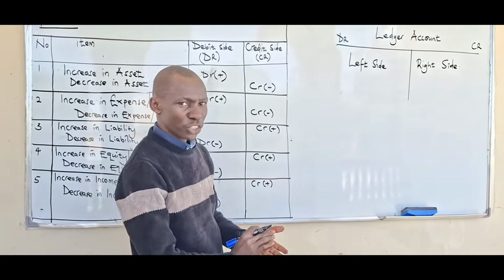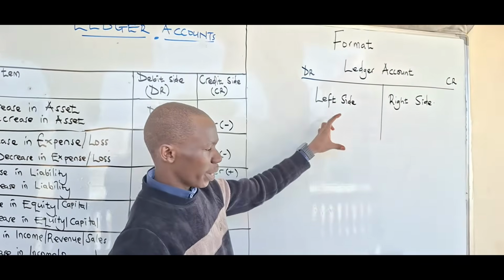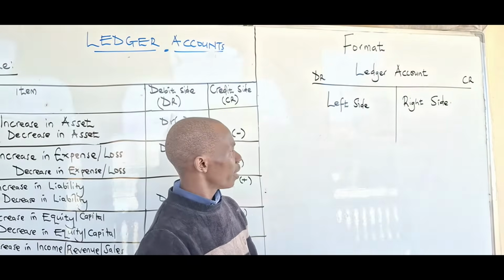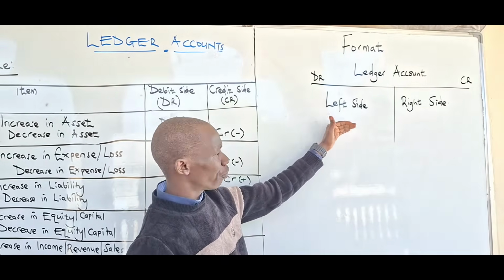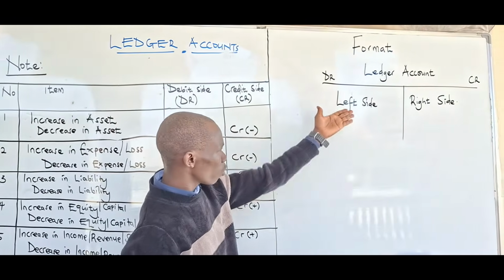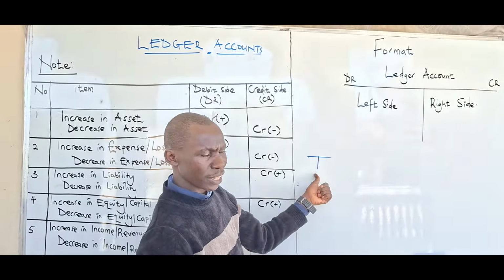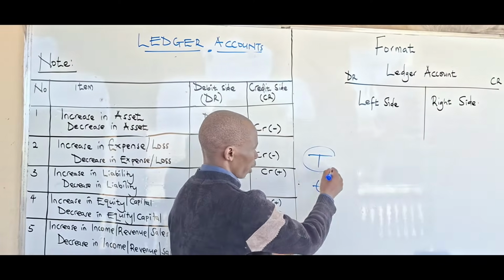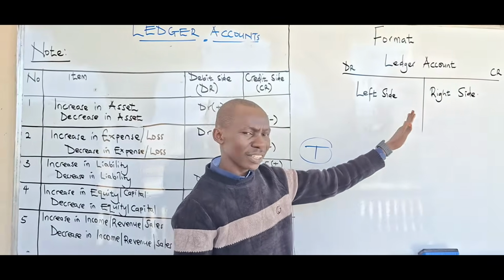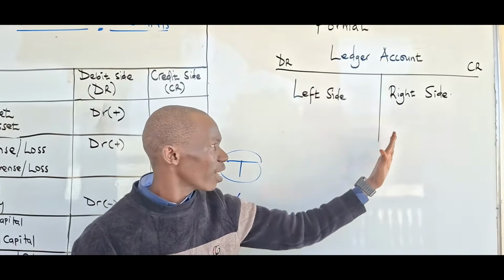As you can see, I was showing you how our ledger account looks like. It is in the form of the letter T. I told you the letter T is written like this. I'm not talking about the small t, I'm talking about the capital T. It has the left side and the right side.